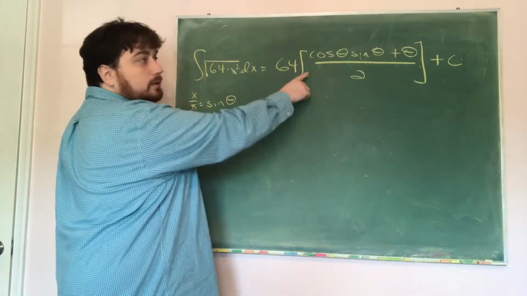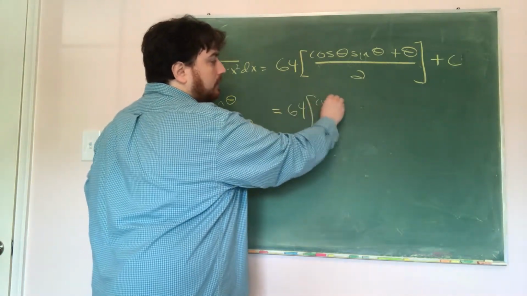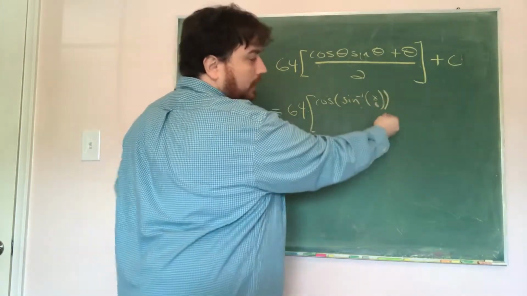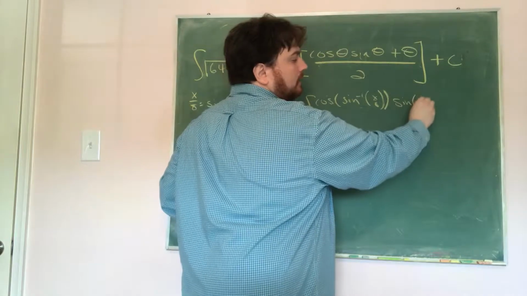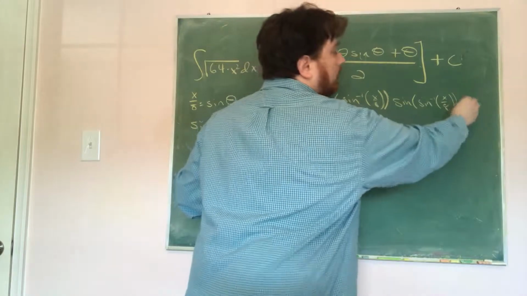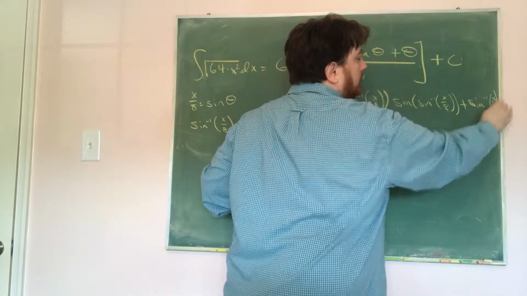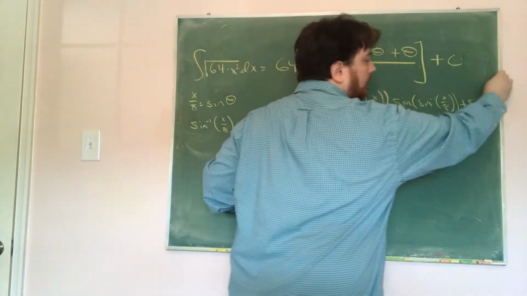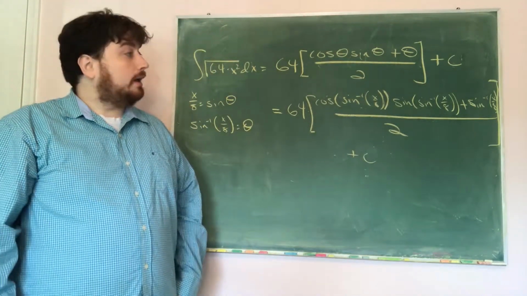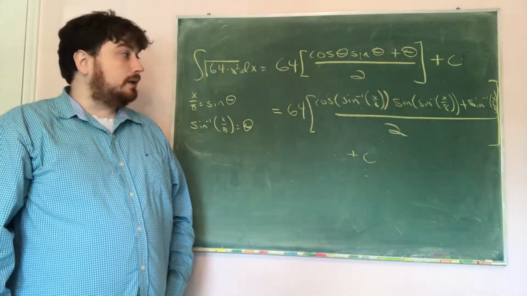So if I substitute that into my function for theta, I would get 64 times cosine of arc sine of x over 8 times sine of arc sine of x over 8 plus arc sine of x over 8 all over 2, and then I'll put my plus c down here since I ran out of room. And so now I have the antiderivative of the square root of 64 minus x squared dx.